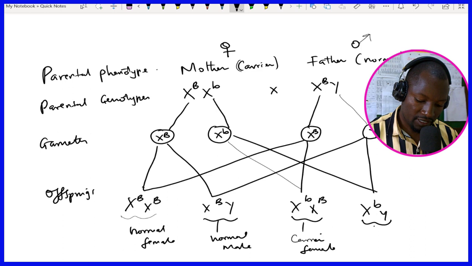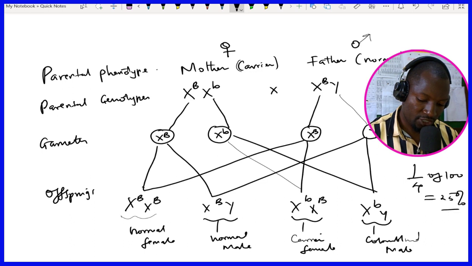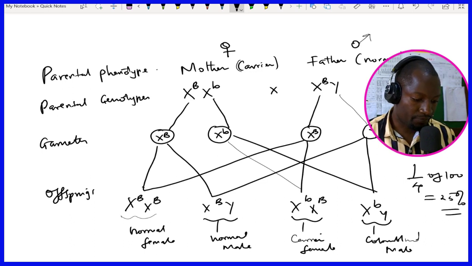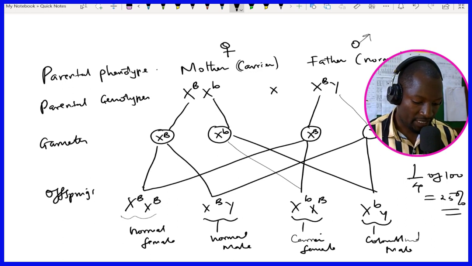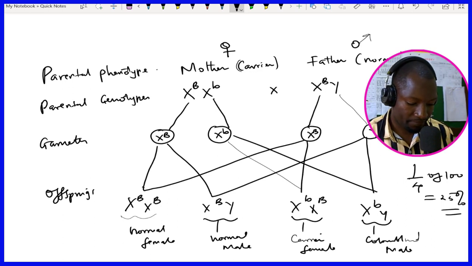And then this one is colorblind male. So out of 1, 2, 3, 4, we have 1 out of 4 being colorblind, which is approximately 25% chance.